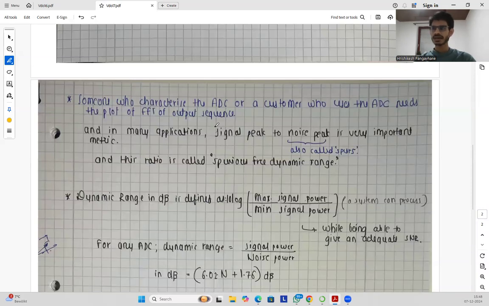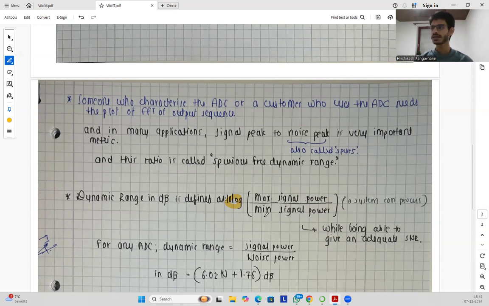The dynamic range in dB is defined with 10 log, not 20 log, because we have a power ratio. It is the maximum signal power a system can process while still giving an adequate SNR. Basically, it's not overloaded, because if it's overloaded, then saturation and all sorts of non-idealities are seen. We consider it up to VREF, and the system can process while giving an adequate SQNR.